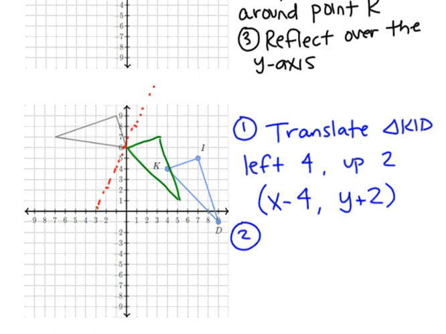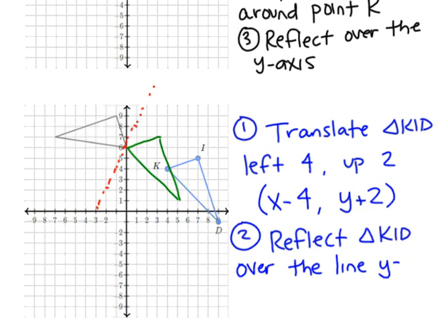Then, second step, we could write the equation of that line. And I'm going to say reflect triangle KID over the line y equals 2x plus 6. So y-intercept of 6, slope of 2.